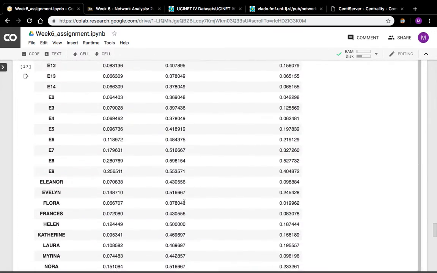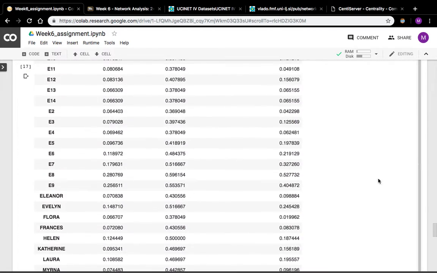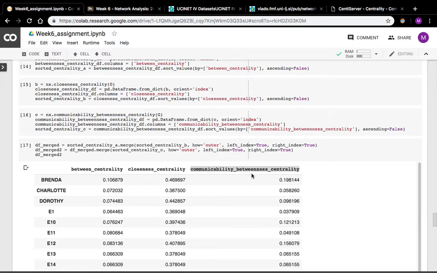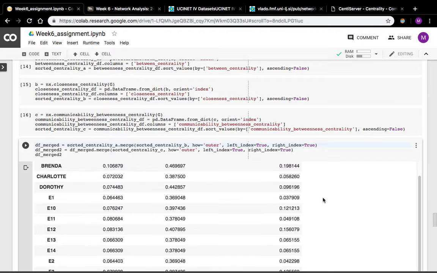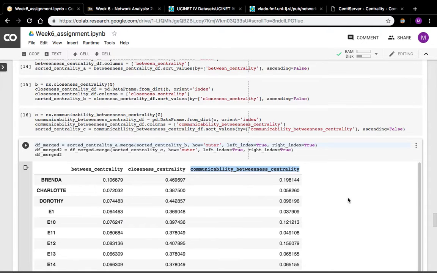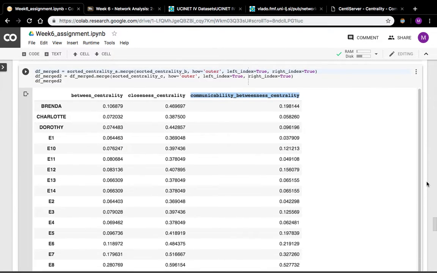To analyze this dataset further, we calculated the betweenness centrality, the closeness centrality, and the communicability betweenness centrality of each one of these nodes. These measures calculate pretty similar variables, but the equations are a little bit different.